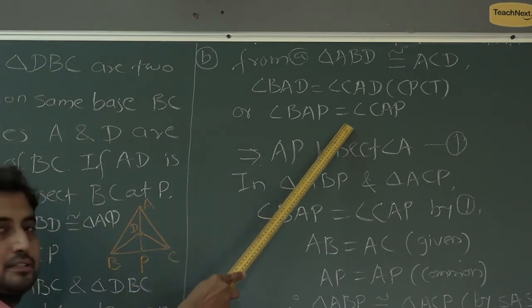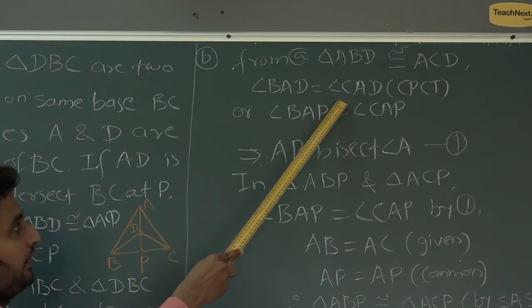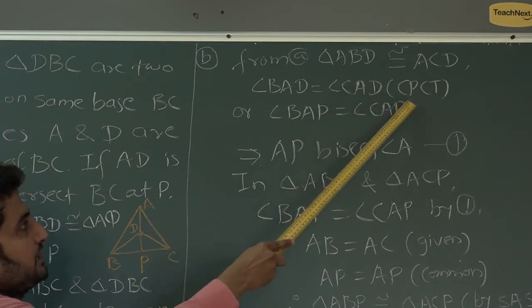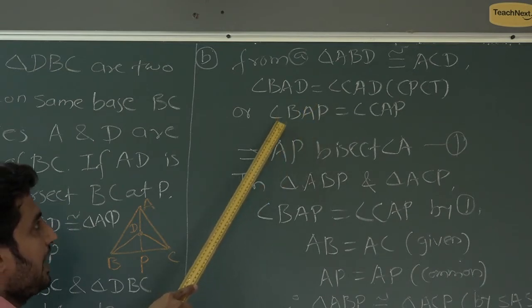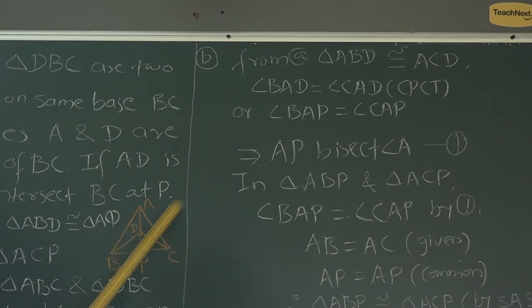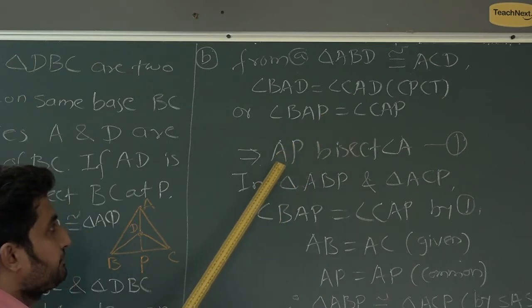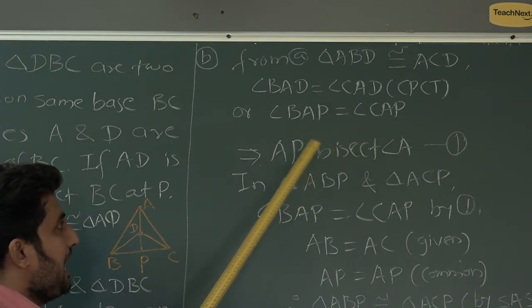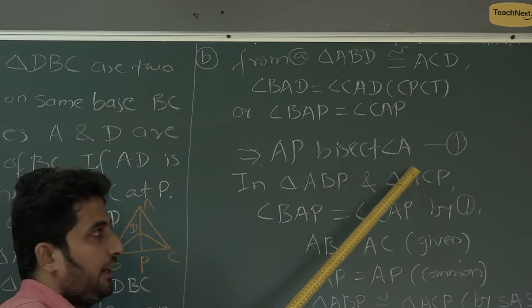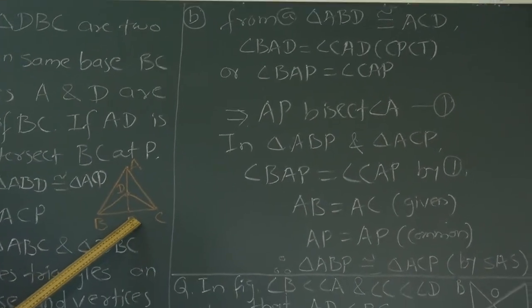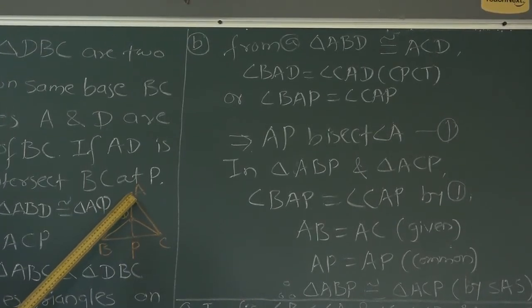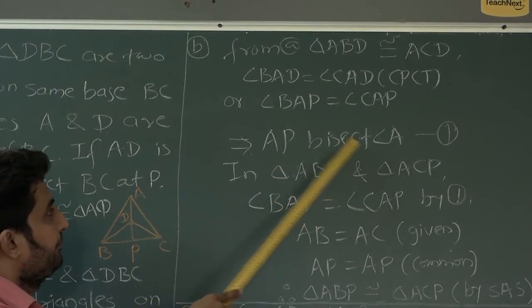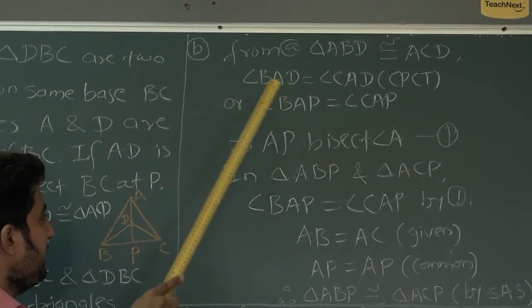We are using this equivalence. It is to be noted that by using this point, we come to BAP equal to angle CAP. Now, what does it mean? It means that AP bisects angle A. Angle A is bisected by AP.